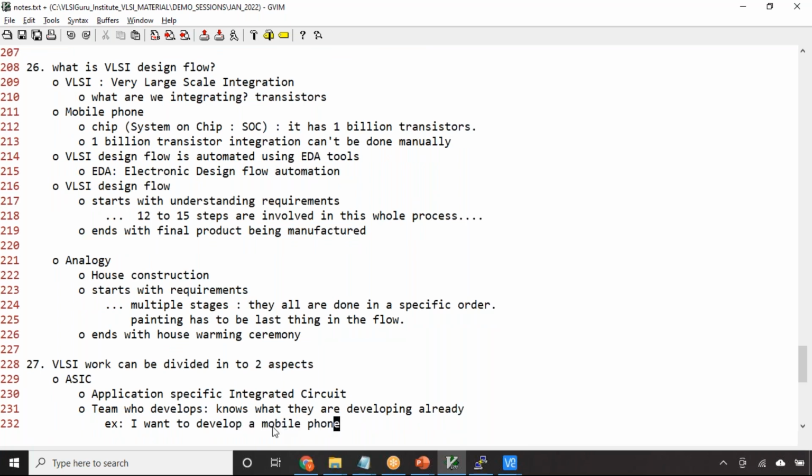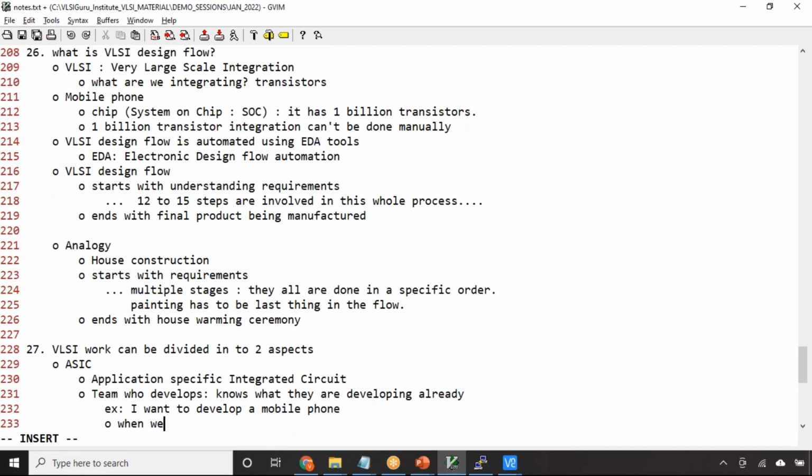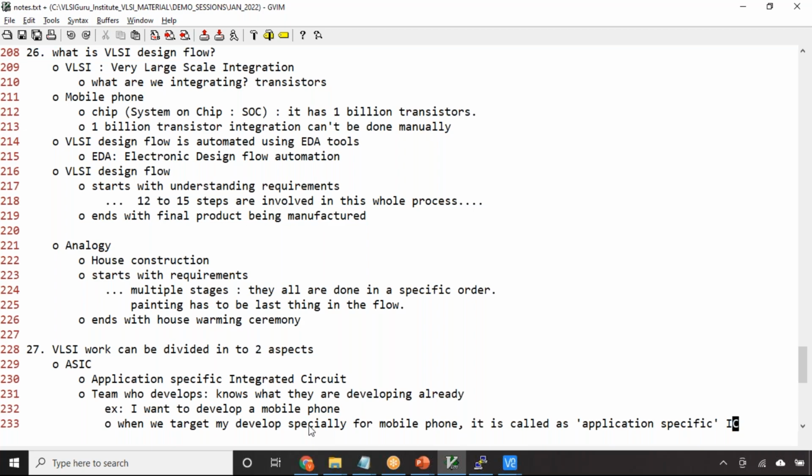When we target our development specifically for mobile phone manufacturing, it is called application specific, because you are targeting a specific application, and it's an integrated circuit. Finally, whatever you do is an integrated circuit.